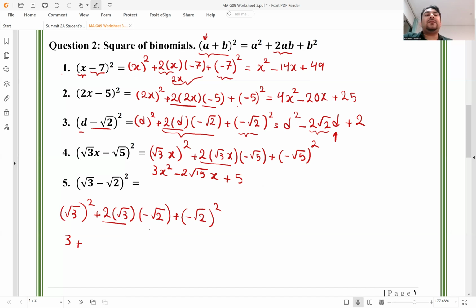Multiplied by negative radical 2, that makes it negative 2 radical. We can multiply the radicands, so 3 times 2, which is radical 6, and plus negative radical 2 powered by 2 will be positive. Radical 2 powered by 2 is 2. Therefore, we have a 3 here, a 2, which we can add, so it will be 5 minus 2 radical 6. Okay, that's the end of question 2.